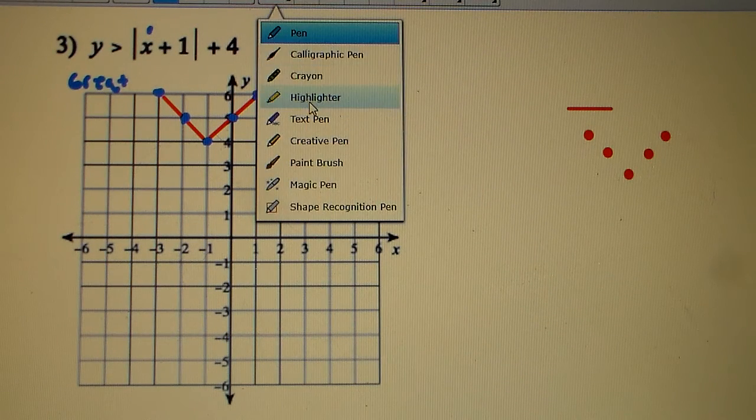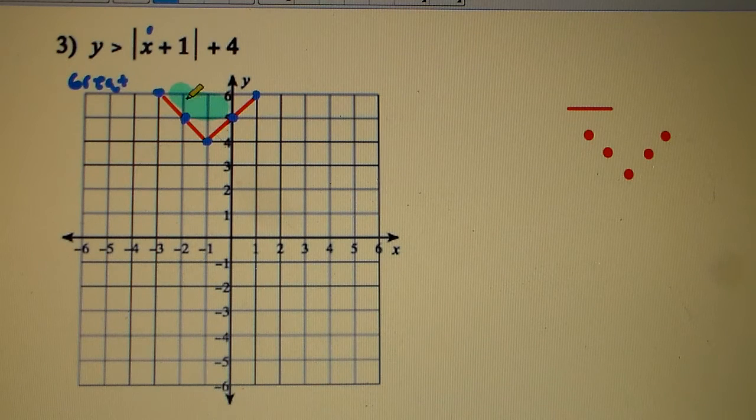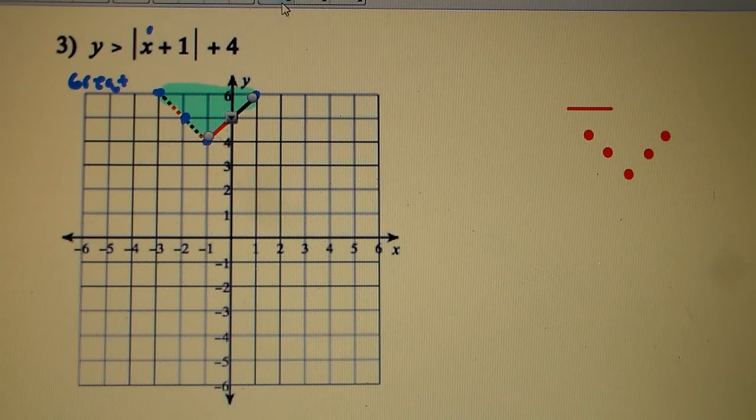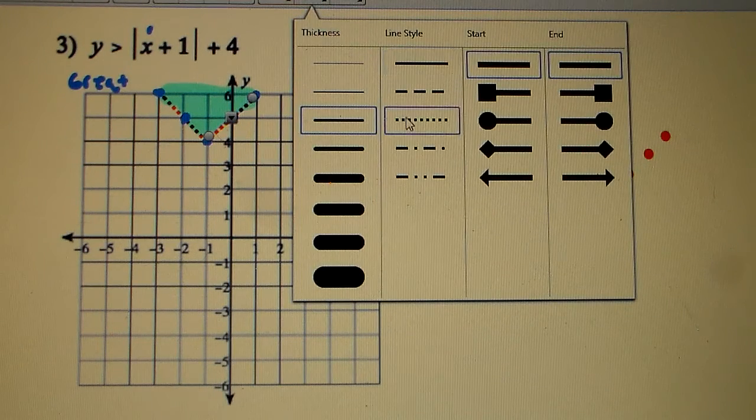So we're going to shade above the absolute value there. Now, greater than refers to a dashed line. So these red lines I dragged in are going to be dashed. So don't forget about those dashed lines.